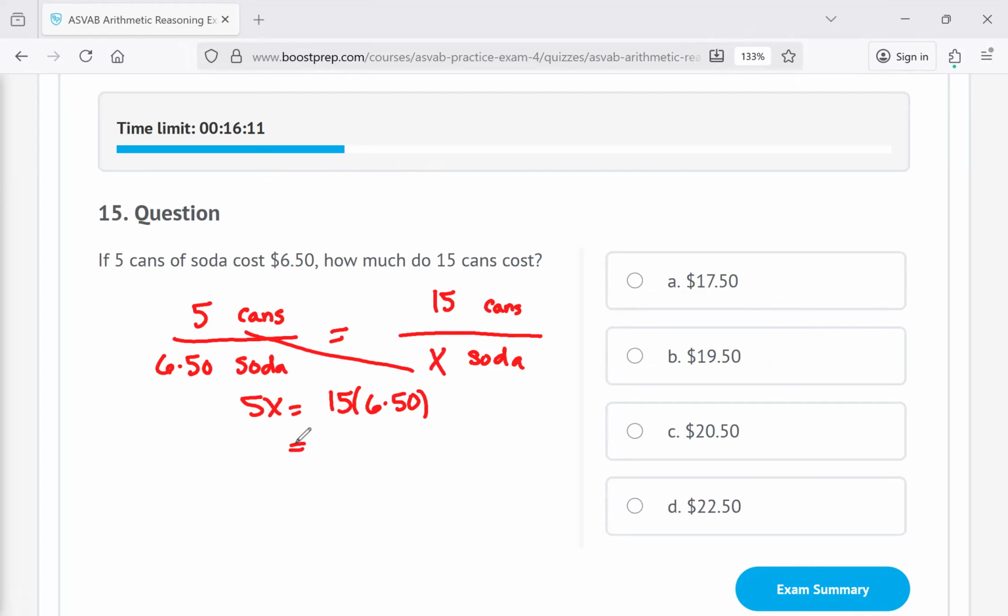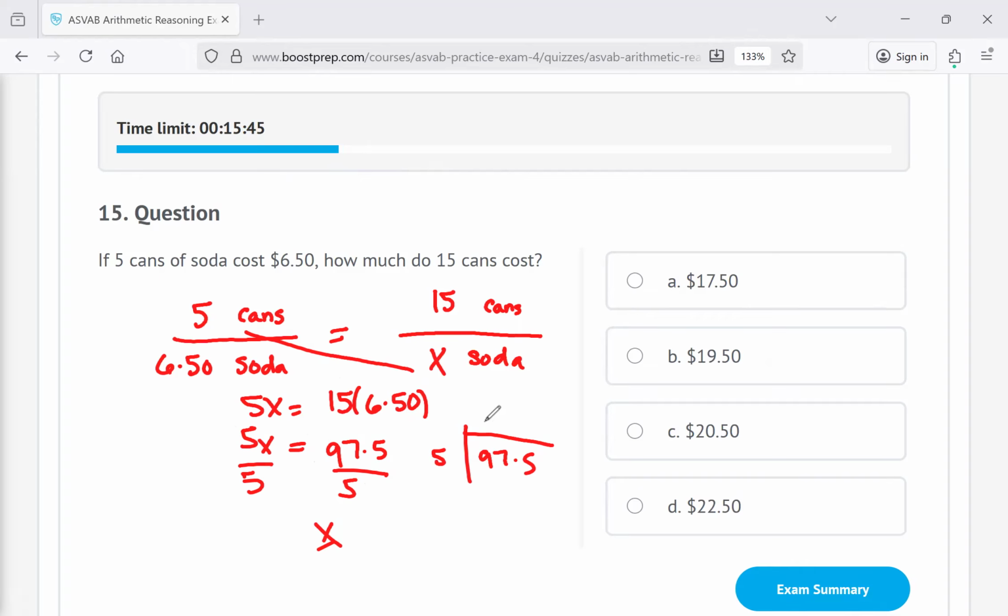So what's 15 times 650? It is 9750. And then divide this by 5. Definitely doable.